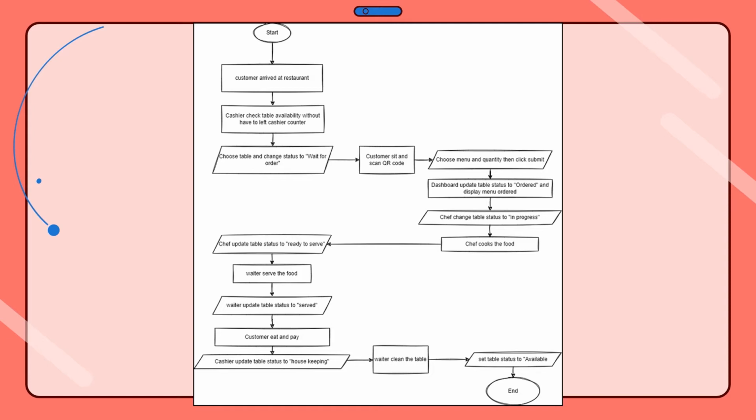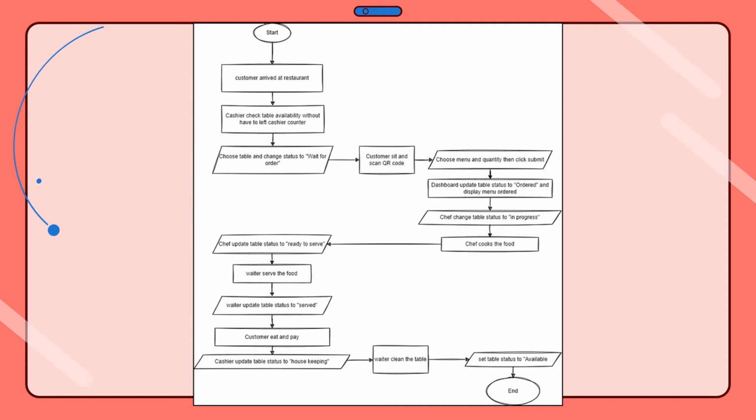The chef in the kitchen will be able to see the menu that has been ordered, and then the chef can change the table status to in progress. After that, the chef will cook the food, and after the food is ready, the chef will update the table status to ready to serve. And then this is when the waiter is in charge. The waiter will serve the food and then update the table status to served, and the customer will eat and then pay.